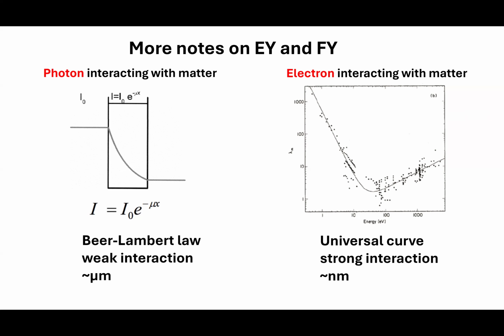The consequence of that is they have a very low inelastic mean free path, so they're not really able to escape the solids. The solids have a certain thickness, and that is why whenever we have a technique that has electrons involved, it is very likely a surface technique, right? Because the electrons cannot get out.